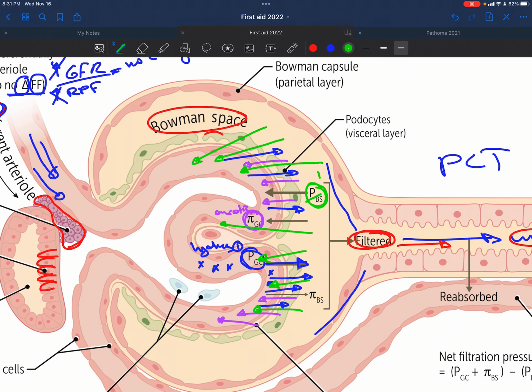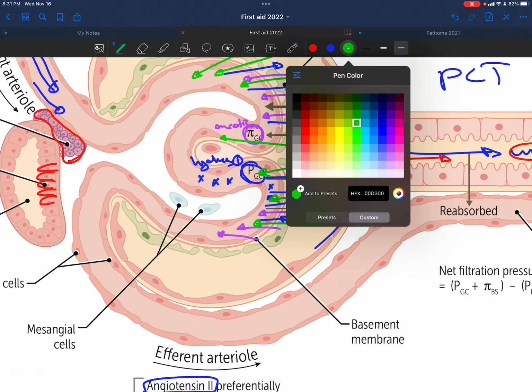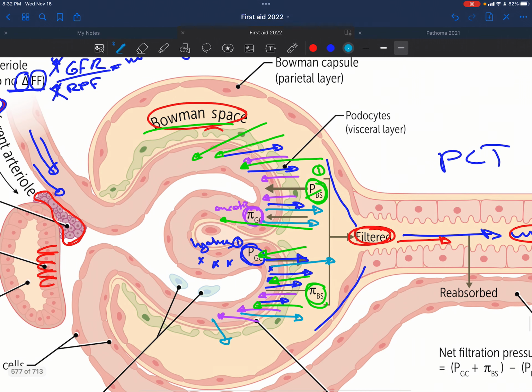That's only one of the two different pressures that Bowman space has. So guess what the other one is? It's an oncotic pressure. Oncotic pressure, as we talked about, is the pressure that pulls things from the outside into the Bowman space.